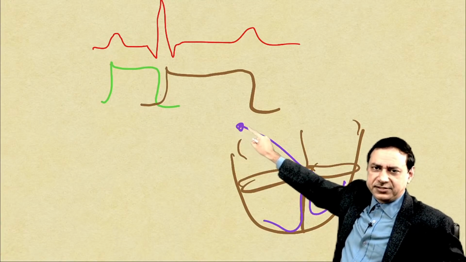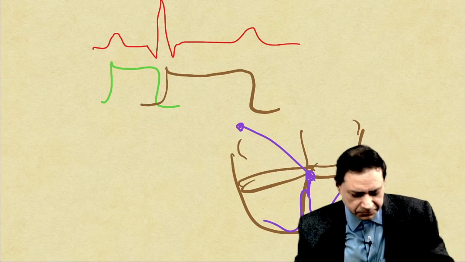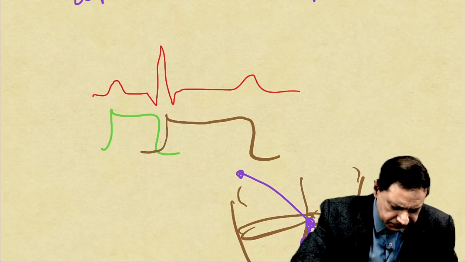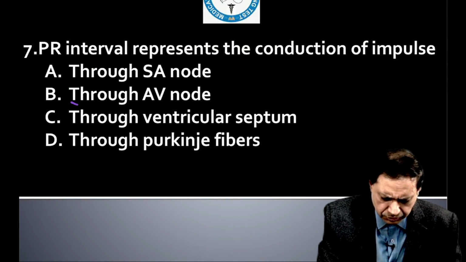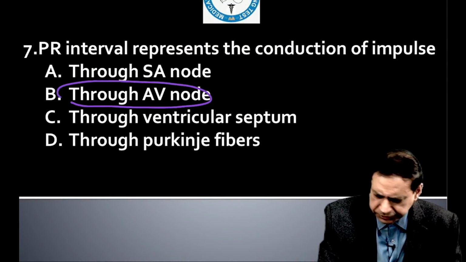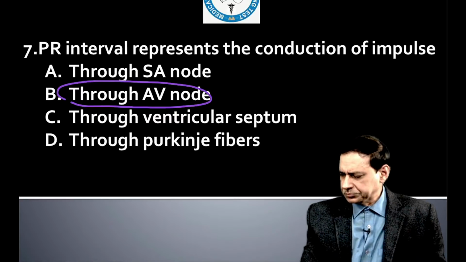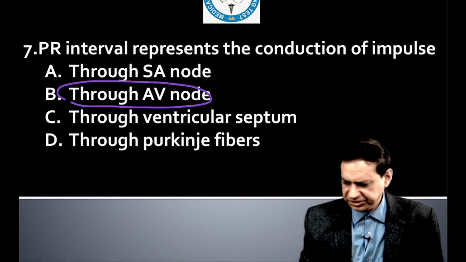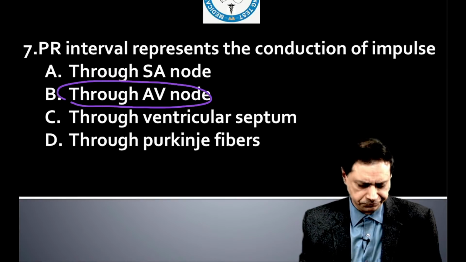Before this is atrial depolarization, then ventricular depolarization. It means that the impulse is conducted through the AV node. Conduction through the AV node. B is the answer here. This is done. AV nodal conduction.